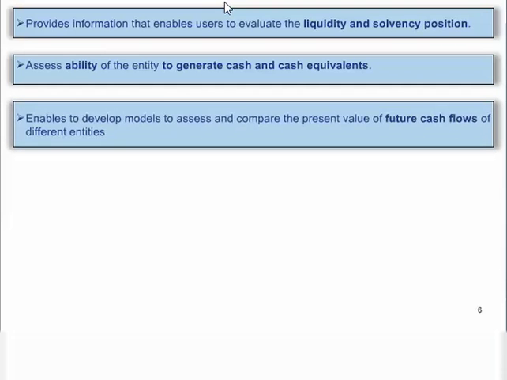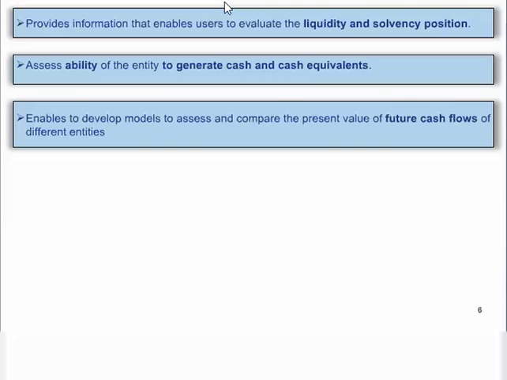It also enables users to develop models to assess and compare the present value of future cash flows of different entities. So by this, we mean that by understanding the cash flow statement of the current period, one can prepare a model of what would be the future cash flows, whether cash inflows or cash outflows, in the coming, say, next 3 years, 5 years, 7 years.